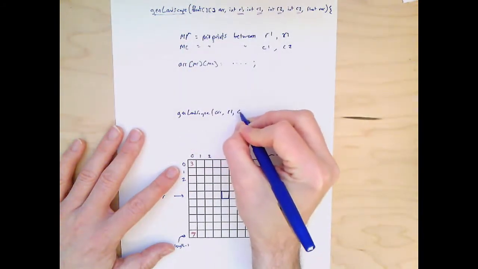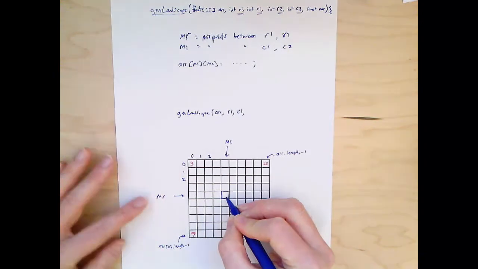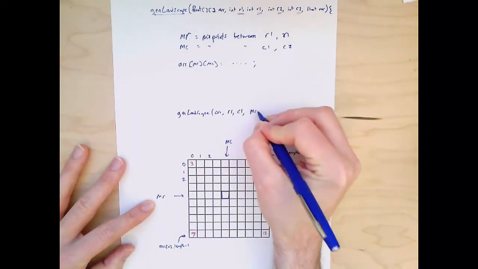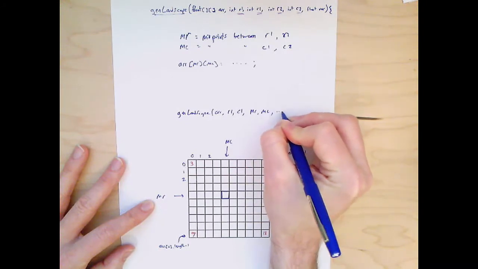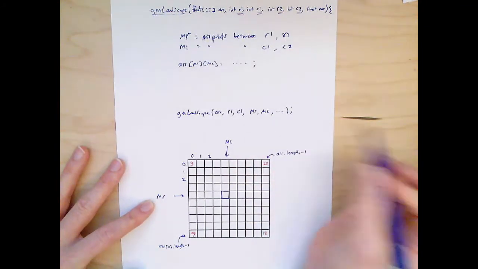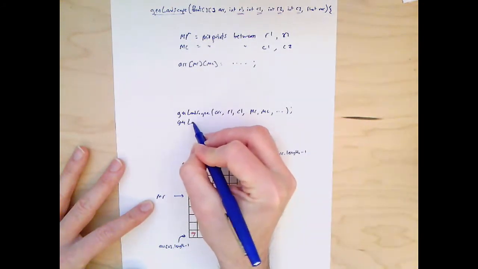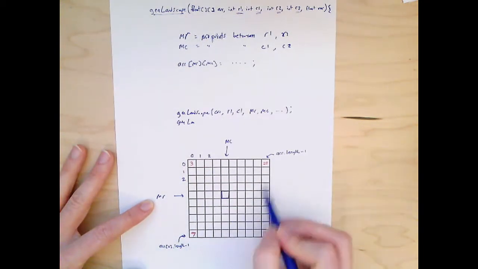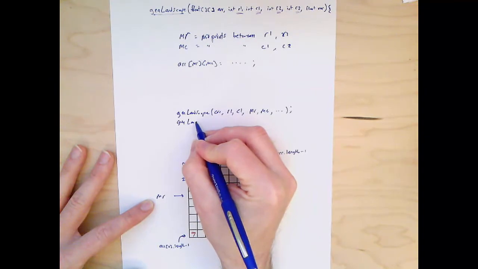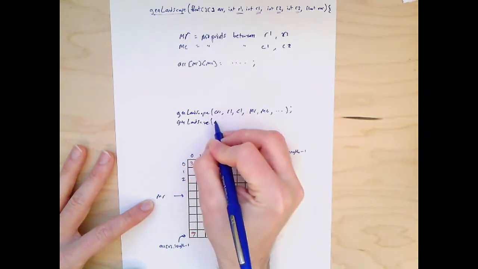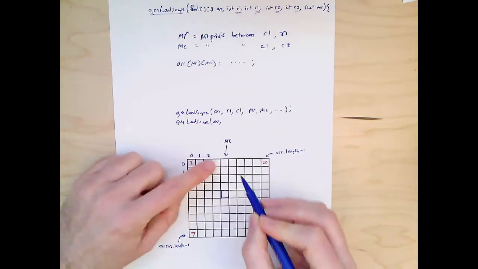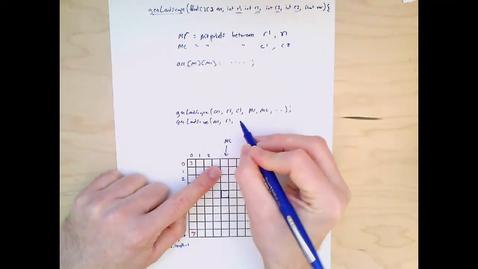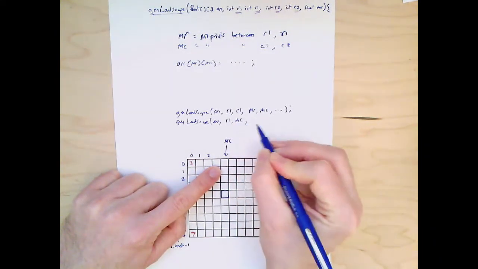So I'm going to want to run it from row 1, column 1, down to, if this is the upper left, this is the lower right, at mid-row, mid-column. And then we'll talk about the variance later. That will now recursively run it on that box. If I want to recursively run it on this box, I'll do generate landscape with the array, only now this is my upper left-hand corner, which is row 1, mid-column.